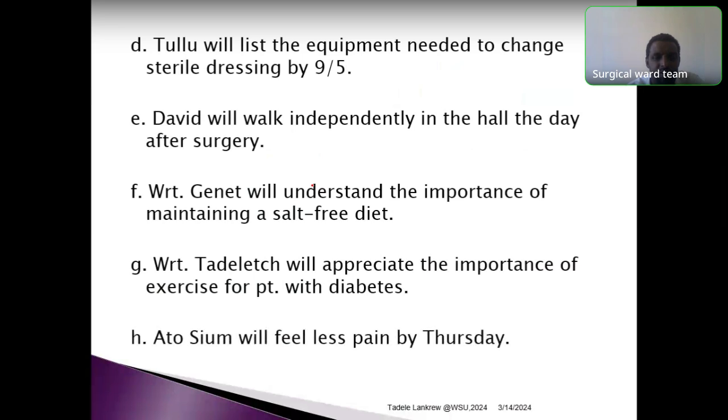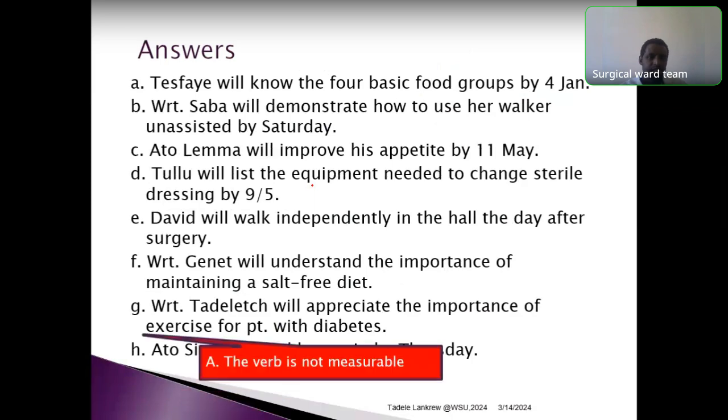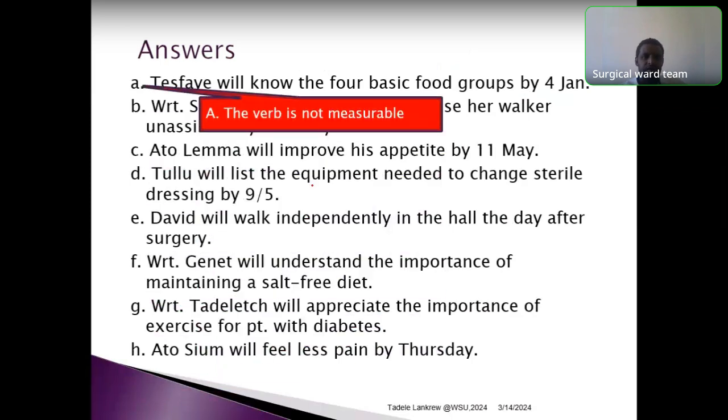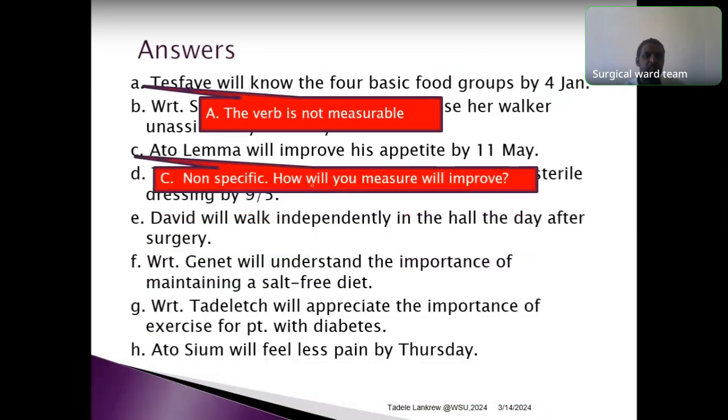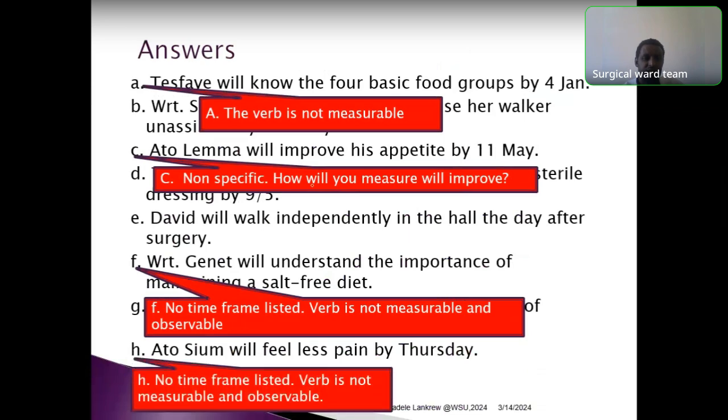Atosuyum will feel less pain by Thursday. Answers: the first one is not measurable. B is correct. Atolama not specific. Will measure, will improve. Update measure and Gannata not measurable. Atosuyum will feel less pain by Thursday.